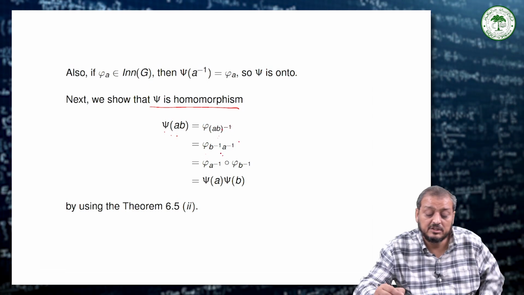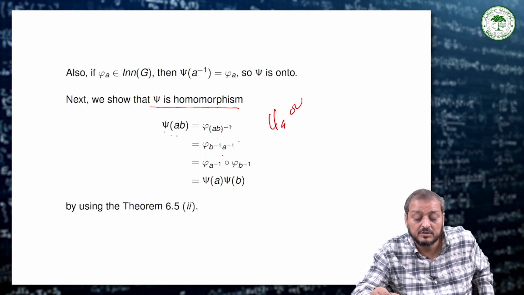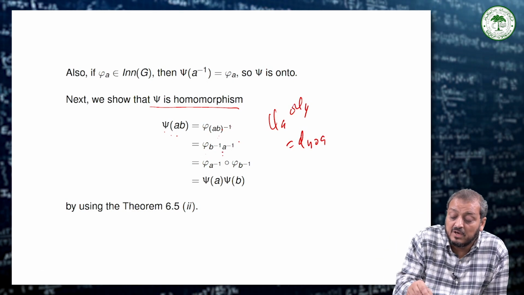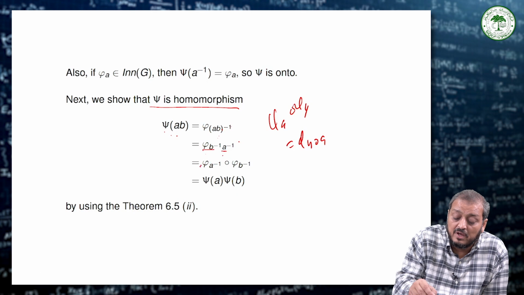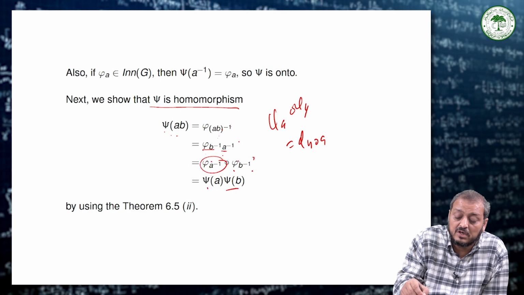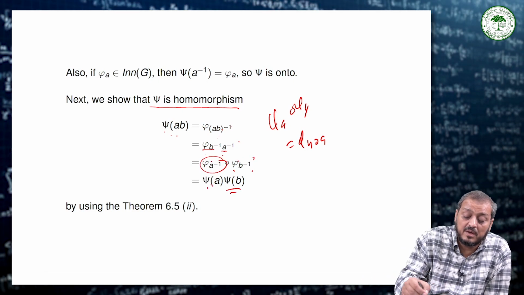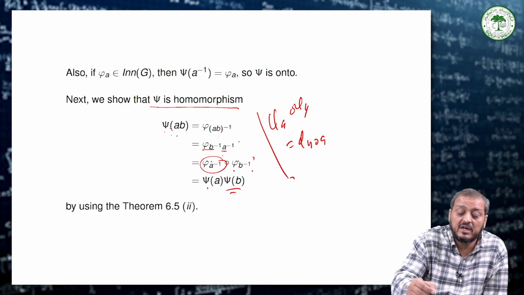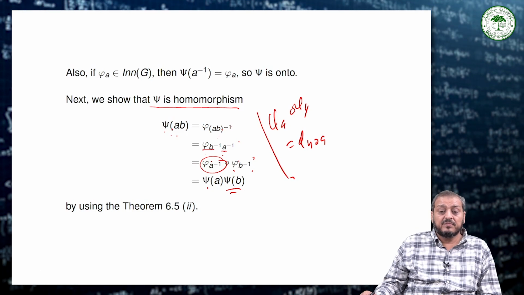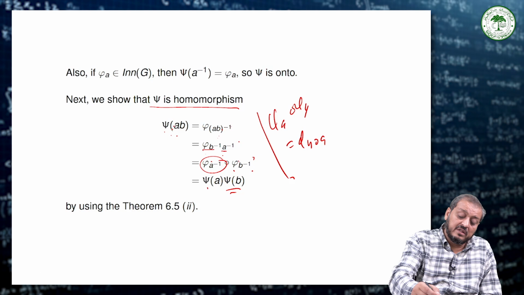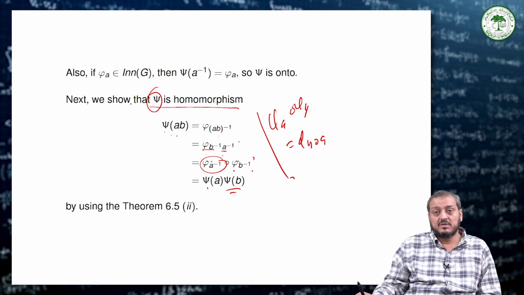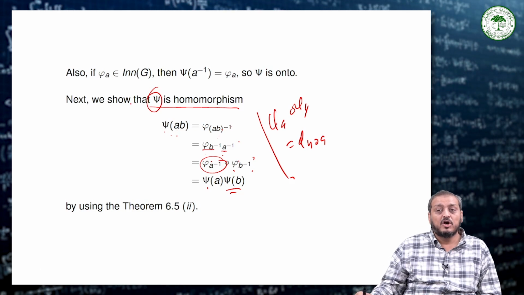Then by this property, we have the composition phi of A, phi of B equal to phi of AB composition A. So by this condition, phi of B inverse composition phi of A inverse, where phi of A inverse is equal to psi of A and phi of B inverse is equal to psi of B. Then by this result we can clearly say that psi of AB is the same as psi of A and psi of B, and these two are the same, so clearly psi is a homomorphism. So we proved that psi is also a homomorphism.